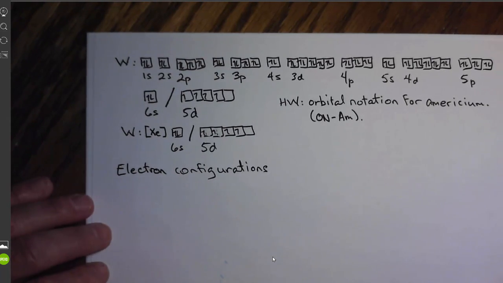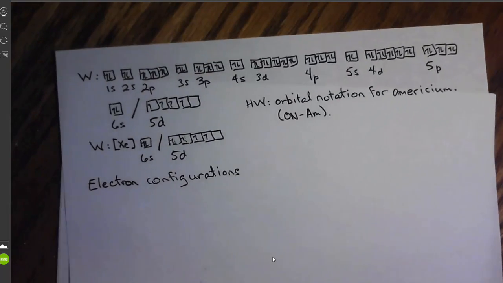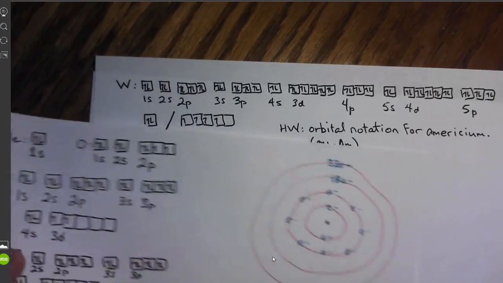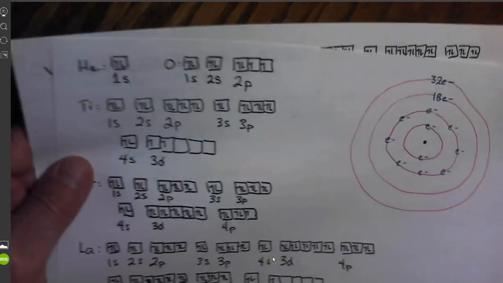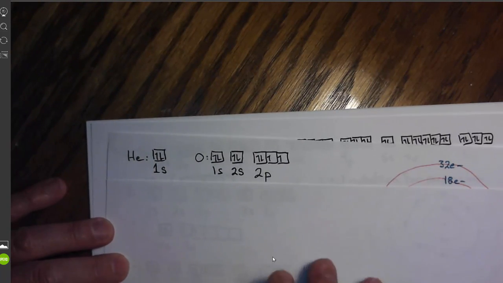Okay, so let's see, we did, where are we? Oh, here we go. We did helium orbital notation this morning in our review. Here's how the electron configuration is going to work for that.